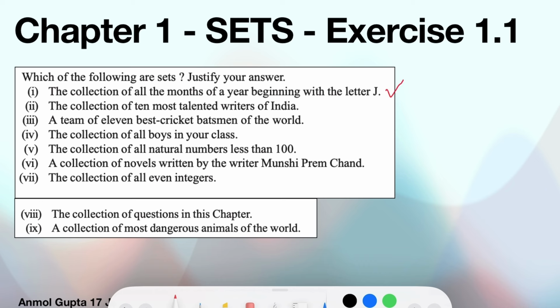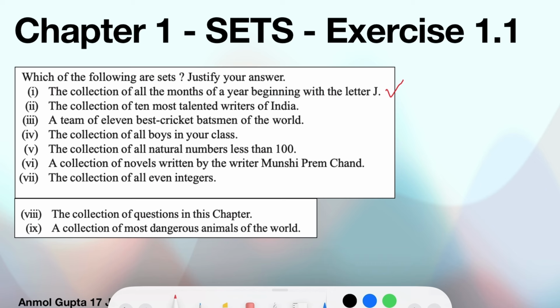The second question is the collection of 10 most talented writers of India. This can't be considered as a set because one person can have, according to his perspective, a list of 10 most talented writers of India, which is different from another person and which is different from a third person.